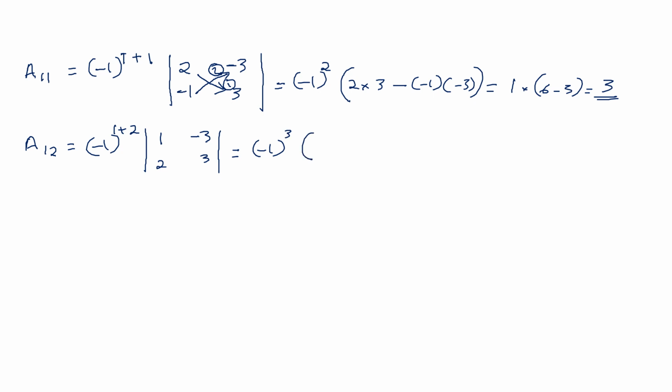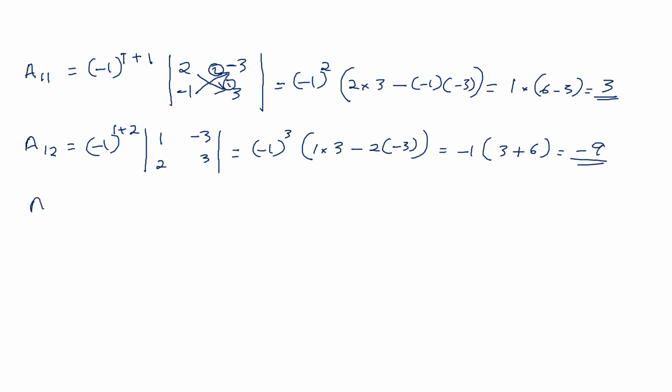Minus 1. Okay, into 1 into 3 minus 2 into minus 3, that is equal to minus 1 into 3. So minus 2 into minus 3 is, minus into minus is plus, right? So 3 plus 6, so you get this as minus 9.